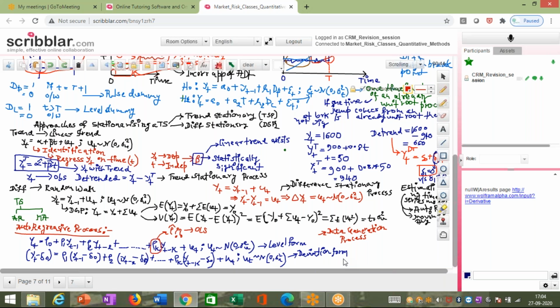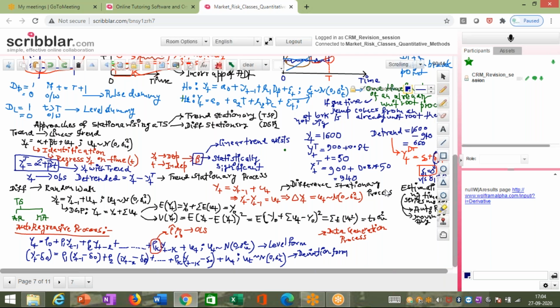The data generation process is the one through which you can successively generate the data points.